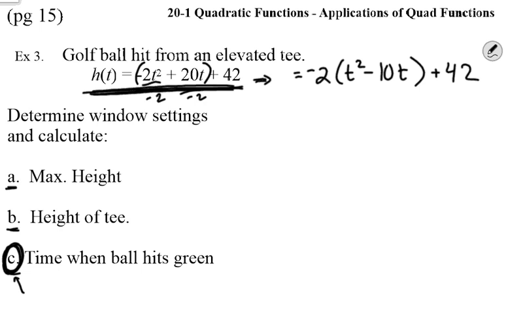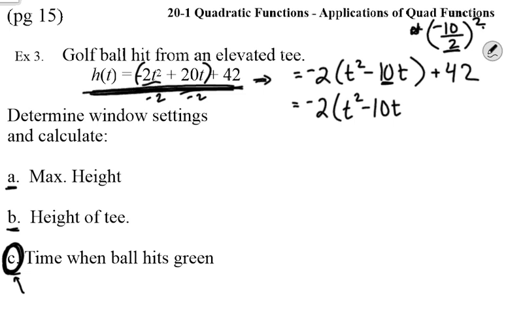Well, the magic step, that quirky little step that you do, take the t coefficient, divide it by 2, and then square it. So we're left with negative 2 bracket t squared minus 10t. Negative 10 divided by 2 is negative 5. Negative 5 squared is a positive 25. And we still have plus 42.